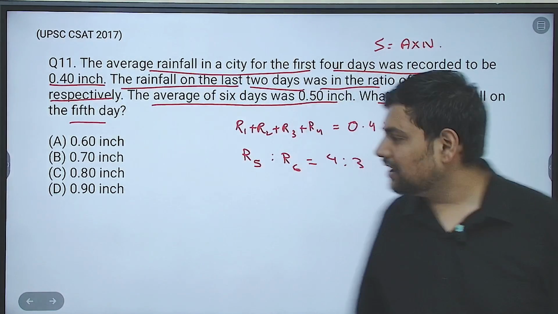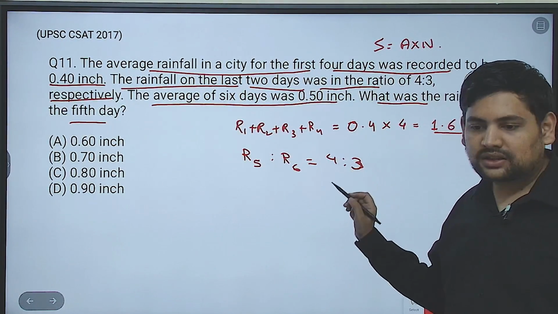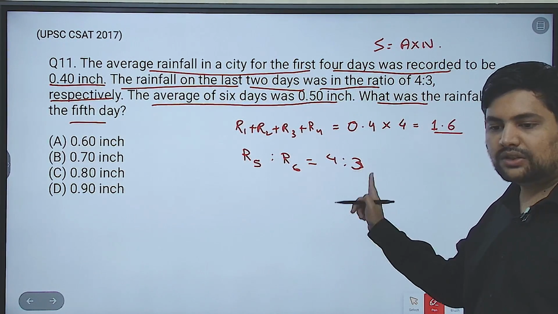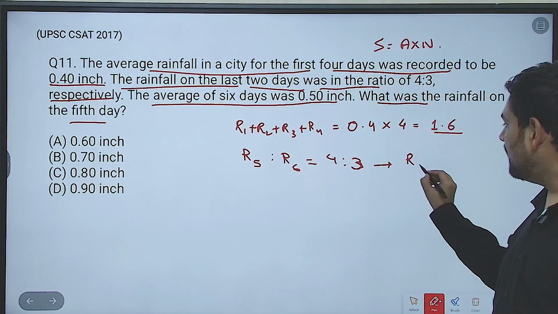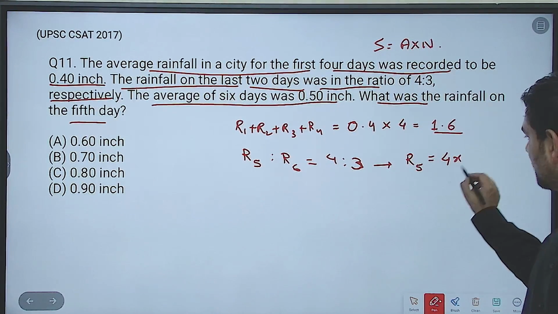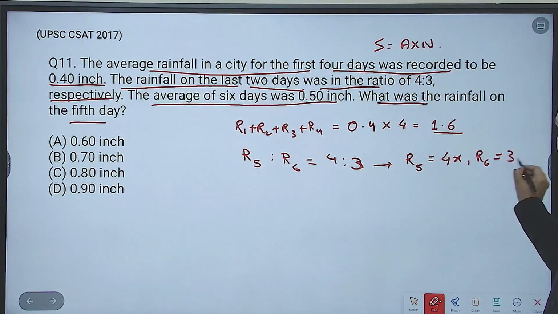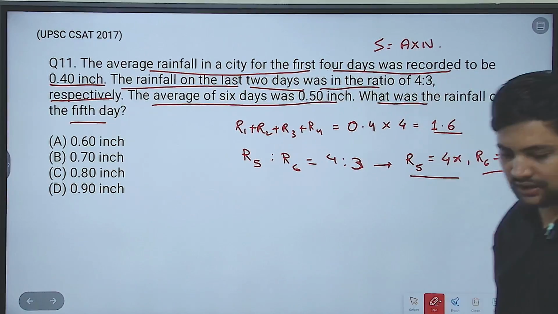If you know anything about ratios, whenever some ratio is given to you like this, you can add one variable to each of them and just write it. So I can write that R5 is, let's say, 4x. Then R6 has to be, so that the ratio is 4:3, 3x. You've got both the values: R5 is 4x, R6 is 3x.